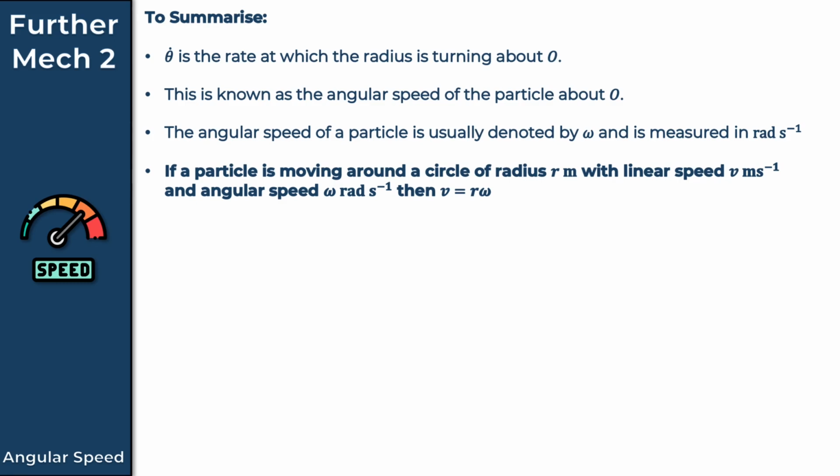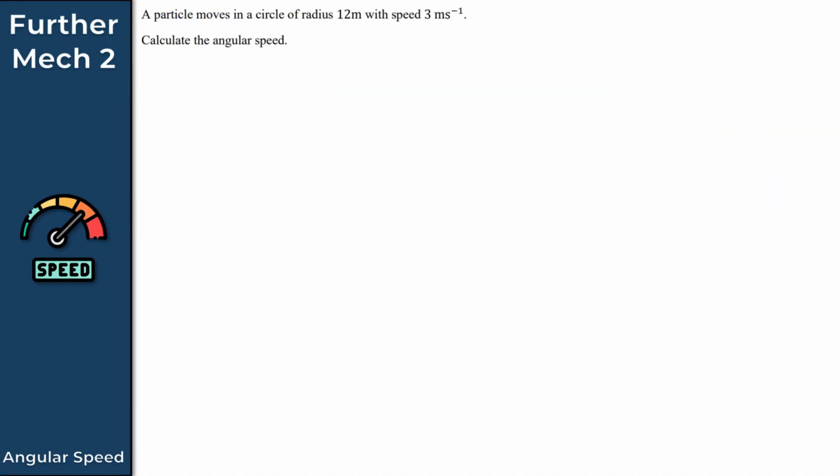As we mentioned on the previous page, all we're going to do here is work through 2 practice questions. So let's get started with question 1 here. Now for this question, what we're told is a particle moves in a circle of radius 12 meters with a speed of 3 meters per second.